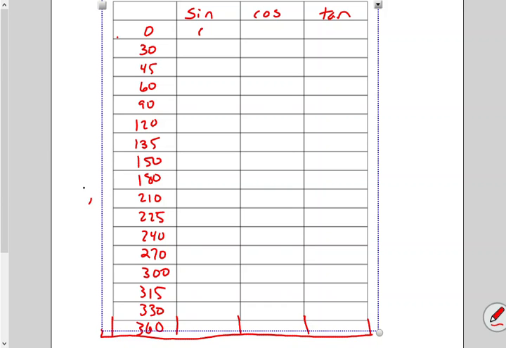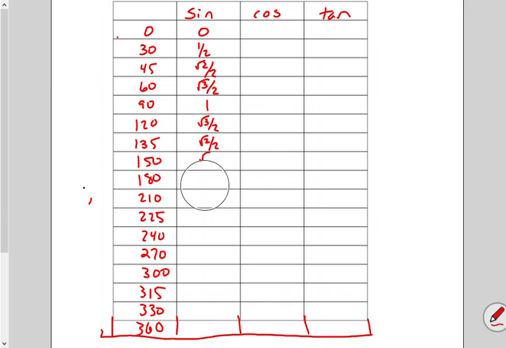Remember we said sine starts with 0 and then counts up 1/2, root 2 over 2, root 3 over 2, 1, and then it starts to count backwards, root 3 over 2, root 2 over 2, 1 over 2, which is the same as root 1 over 2.